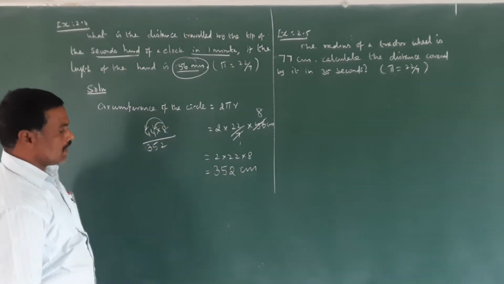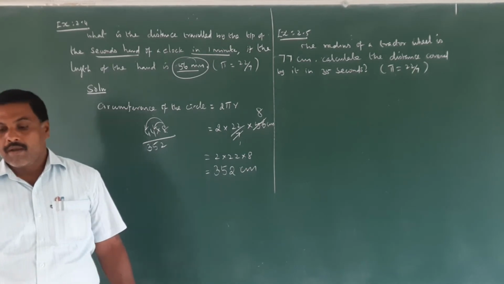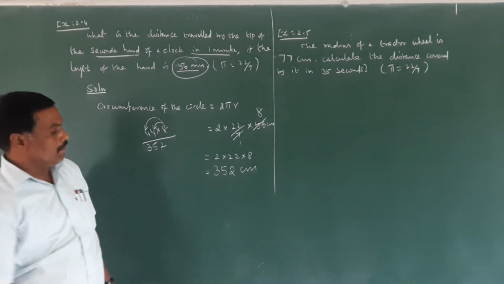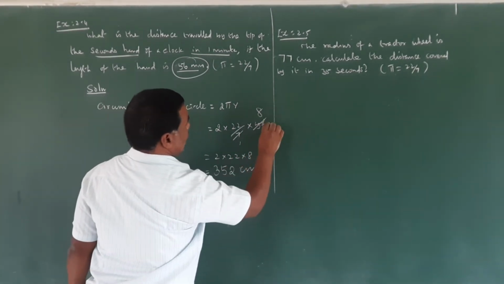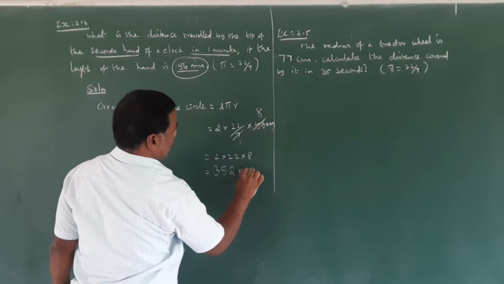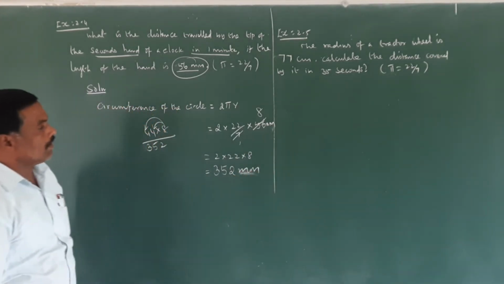The circumference of the circle equal to 352 millimeter, as the given value is in millimeter.